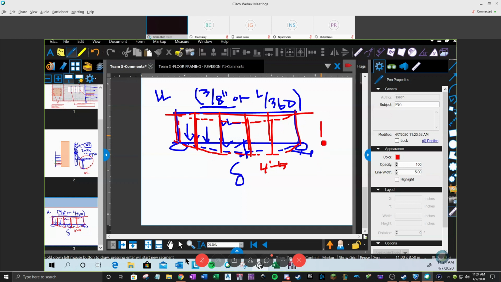On the section, typically the vertical mullions are hanging, and the floor is below.